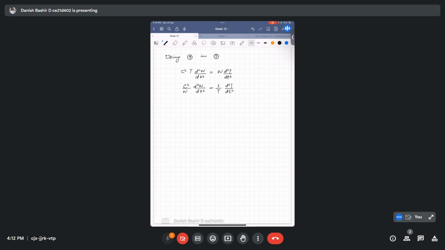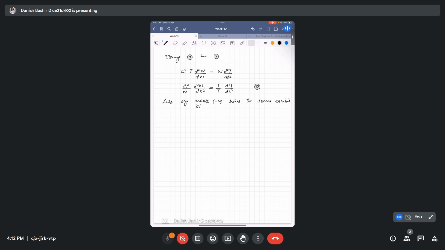These are the total derivatives right now. Let's say this whole equation, 10, boils down to some constant a.